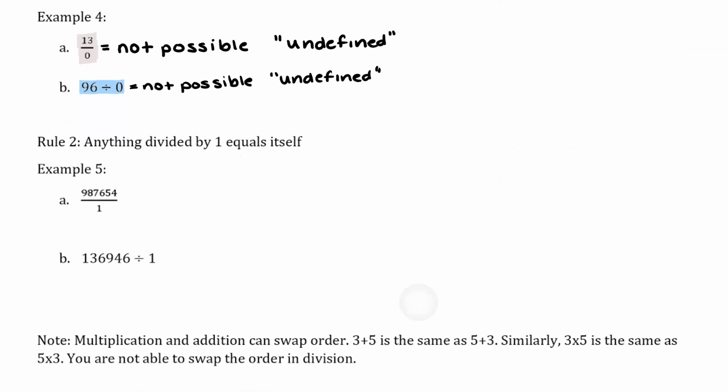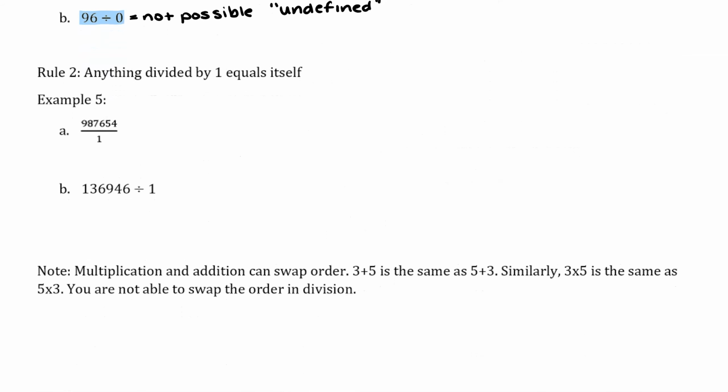So now the second rule is that anything divided by 1 equals itself. So here, if I have 987,654 divided by 1, that means I've got that many cookies and I'm going to put them all into one bag.